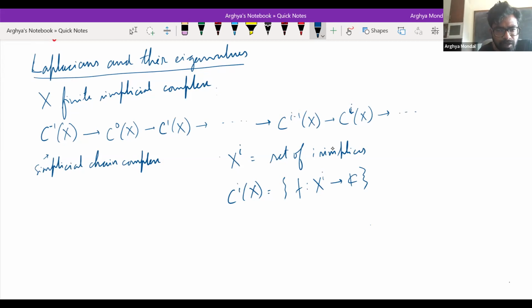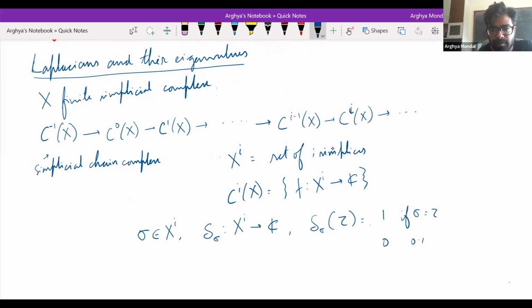Let me give you some examples. For example, suppose sigma belongs to X_i, is an i-simplex, then you can look at a delta function, which means that this is a function from X_i to C, which is 1 if sigma equals tau and 0 otherwise.